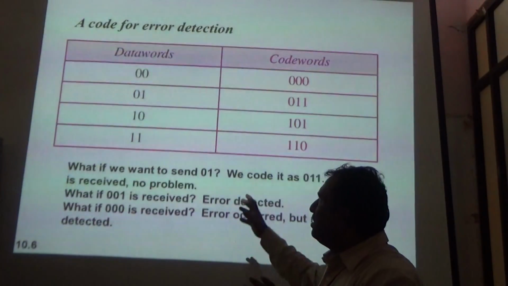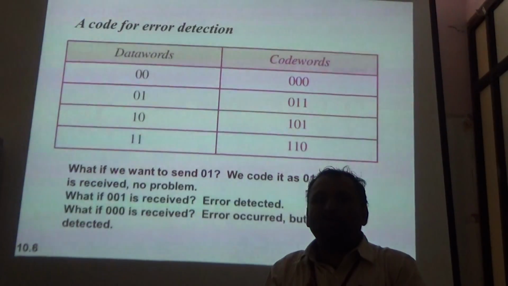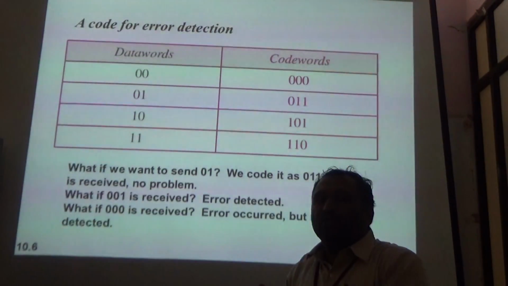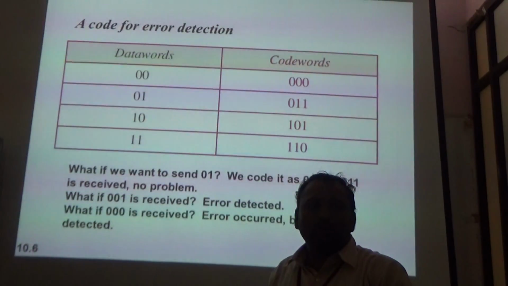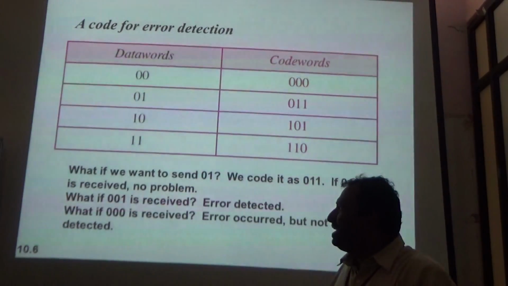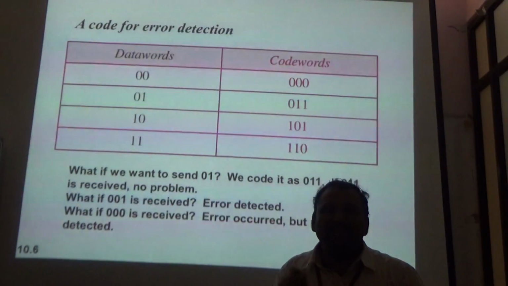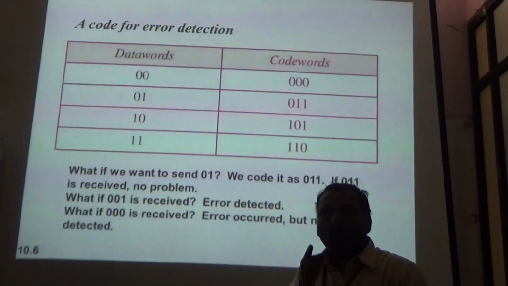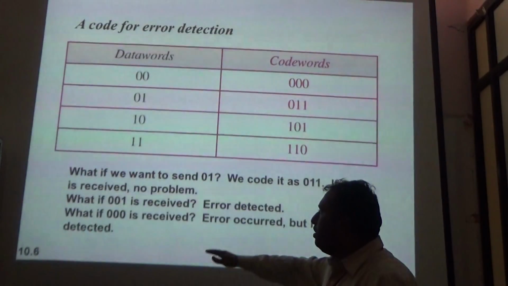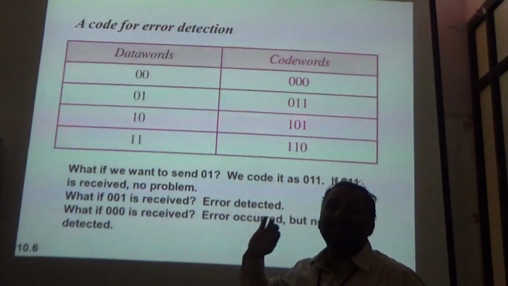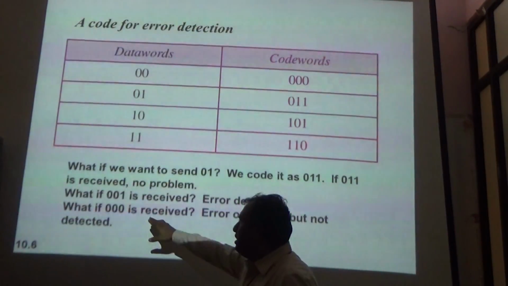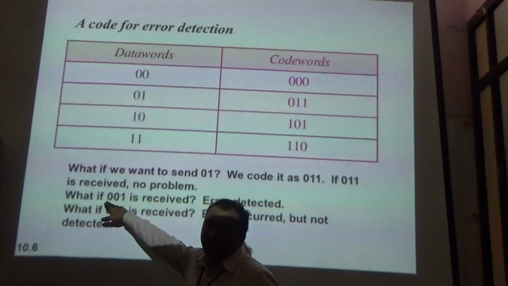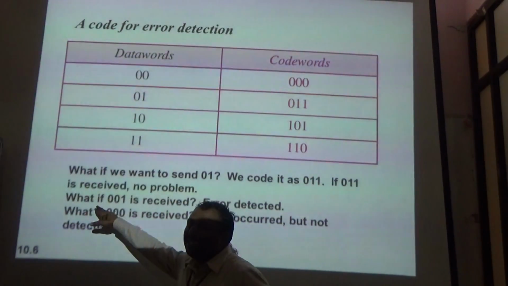So this is one example through which I would like to convey that even though we add different checks and go for coding of the data, unless we have a 100% guarantee of the data that we are transmitting, we may not be able to detect the error 100%. In this case we detected the error because it was only a single bit error.